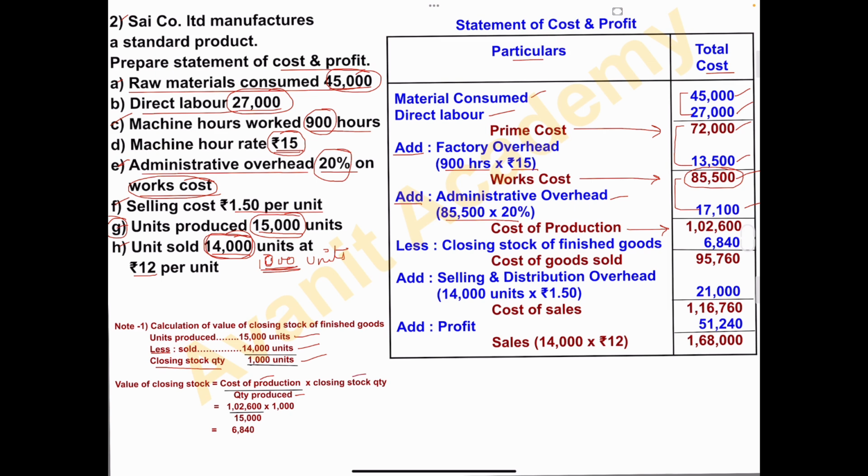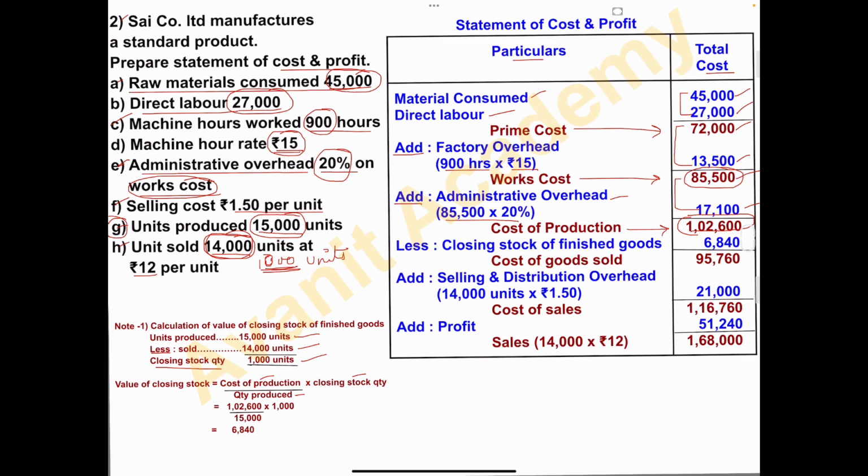Cost of production: where will you get this, in the problem or in the solution? In the solution. See here, the cost of production amount is 1,02,600. So 1,02,600 divided by quantity produced.